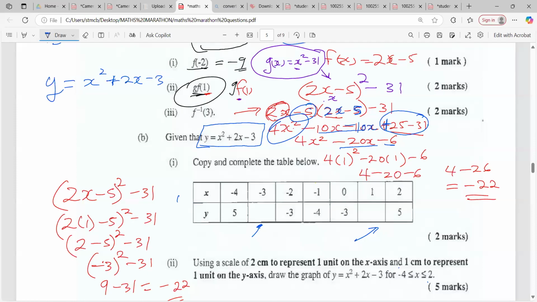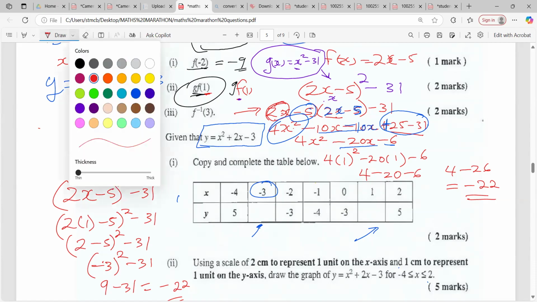So what it means is that anywhere we see x in this, we're going to put -3. So check it out. Anywhere we see x, we're going to put -3, right? So x equals -3 in our first one. So -3 square, and then we times this.